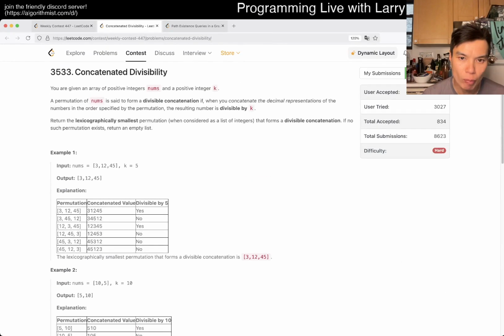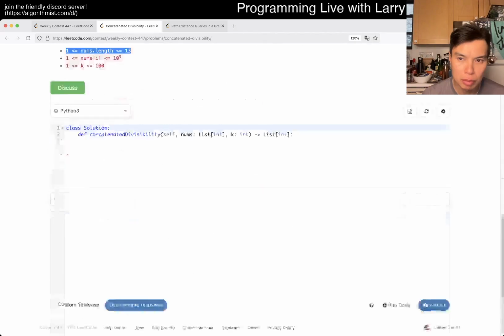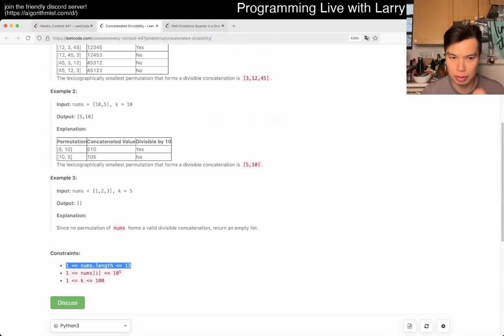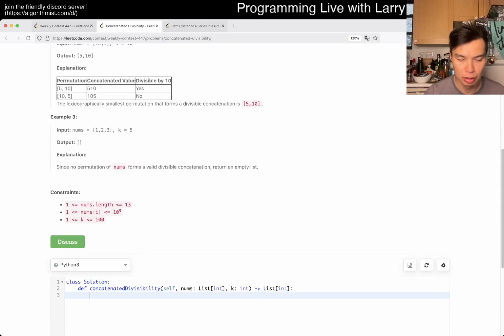I mean, it's still going to be bitmask DP, right? I don't think there's anything that tricky about it. And it's just greedy, right? So yeah.